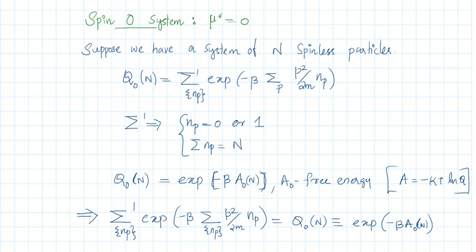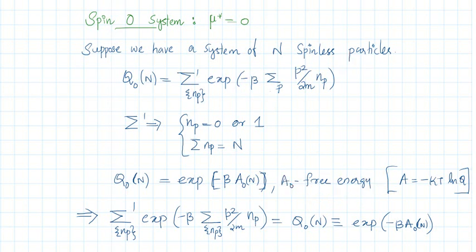Okay, now we also know that the Helmholtz free energy A is equal to minus kT log Q. From here Q can be written as exponential minus A by kT, and that is nothing but exponential minus beta A. Beta is 1 by kT. And for a spinless system, you can denote this as Q0 of N equal to exponential minus beta A0 of N, where A0 is the free energy of the spinless system.